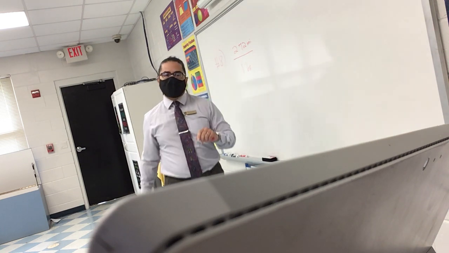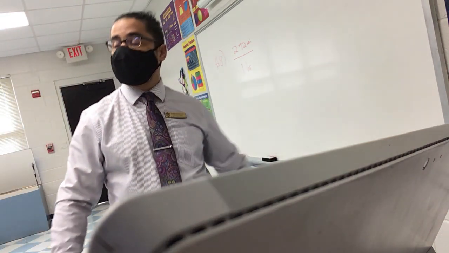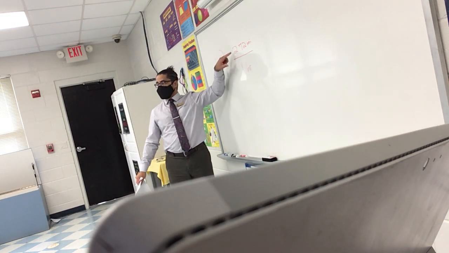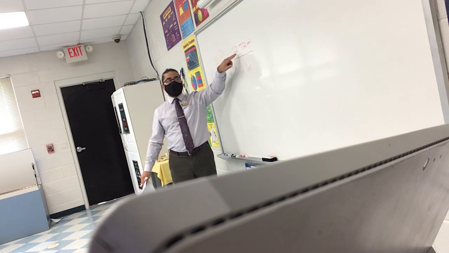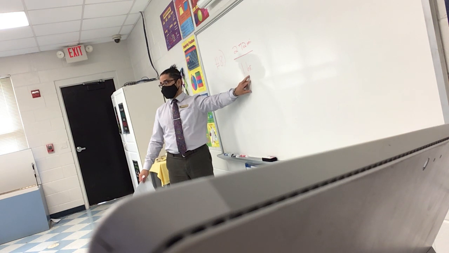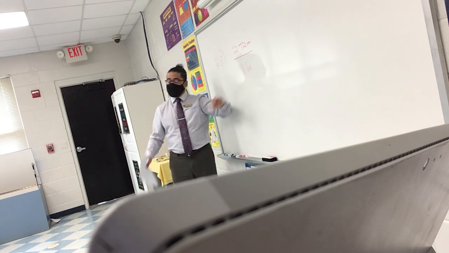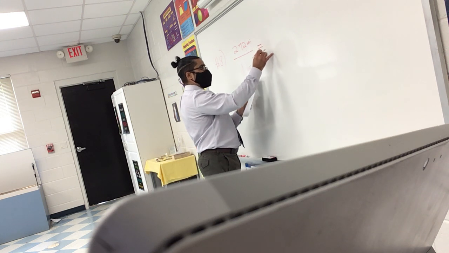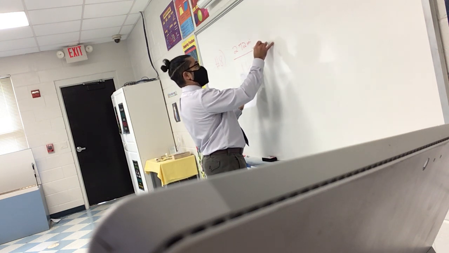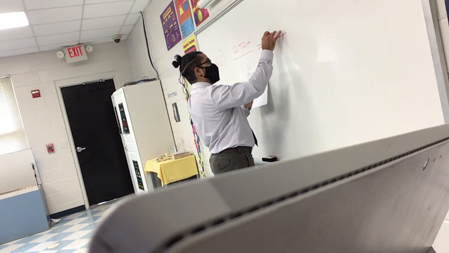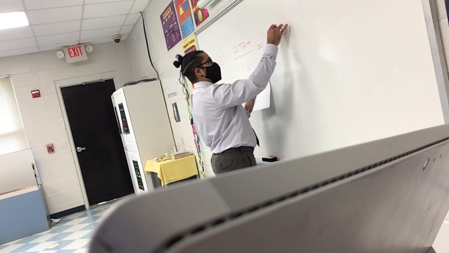For problem number 8, Amanda traveled 2.72 miles per hour. But what we want to find out is how long it took her to travel 6.8 miles.